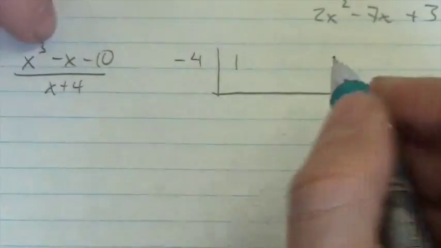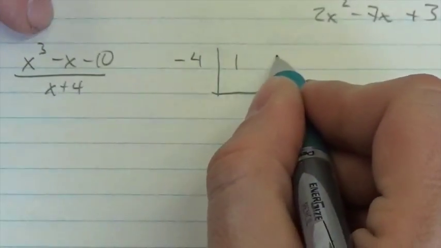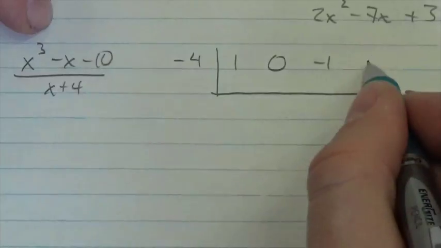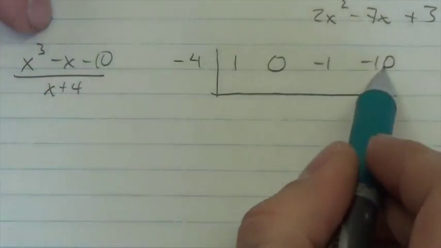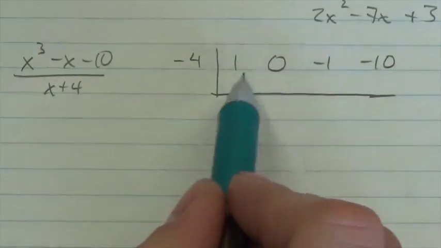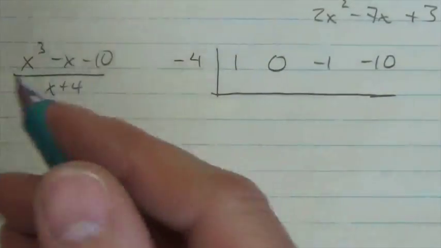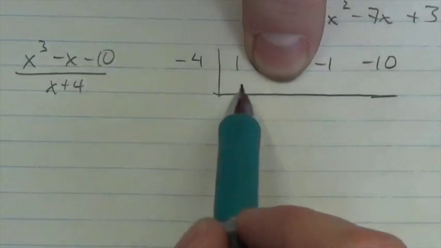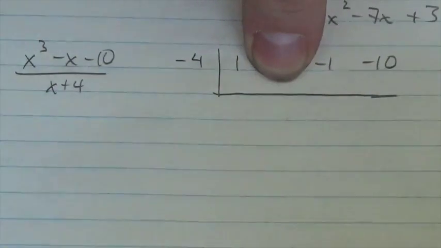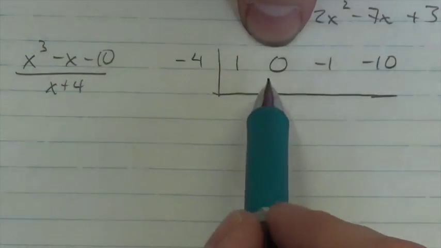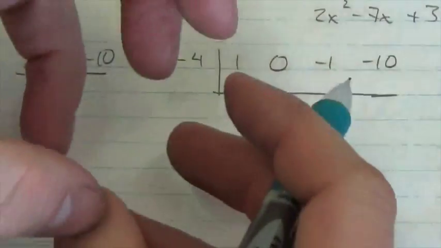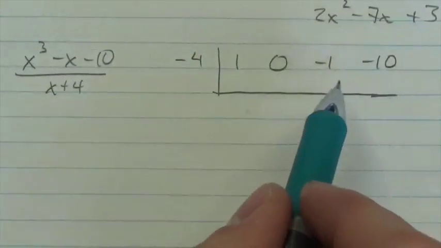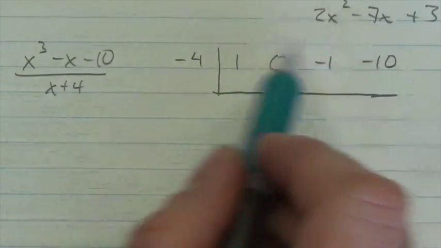So I need to make sure that I've included the cubic, quadratic coefficient, linear coefficient, and then the constant. I need to have every term represented here, because if you don't, this looks like a quadratic, linear, constant. I need to have this one in here so that in my math, I can see the structure. Constant, linear, quadratic, cubic. Now I see that this has to be a cubic here.